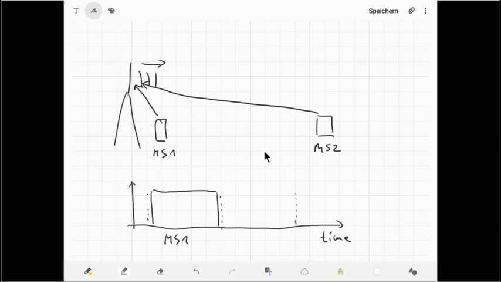On the other hand, the mobile station 2 is farther away, and that means that the signal also travels longer from the mobile station to the antenna. This leads to a certain delay. If you would sketch that in the timing diagram, it might look like this here. So the package of the mobile station 2 would actually be received later.